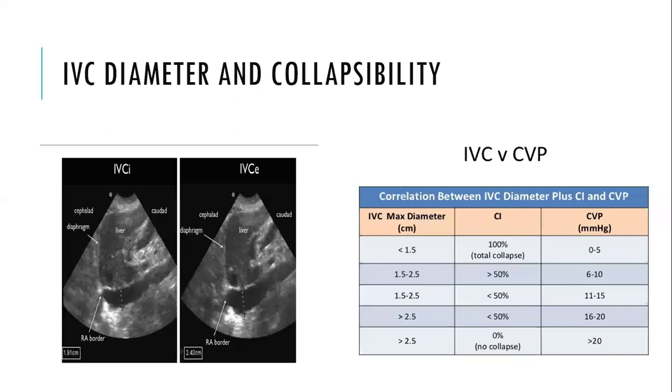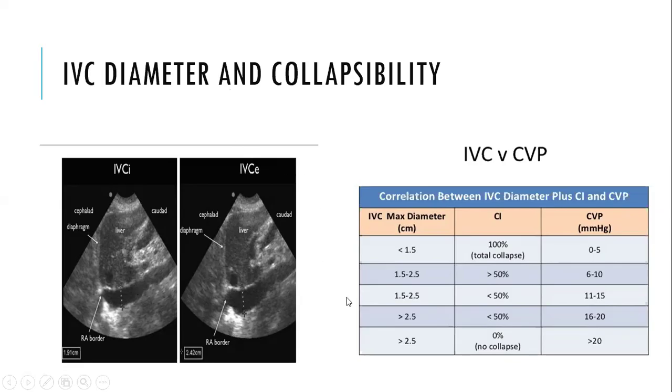Now you measure this, I'm trying to move my arrow, I don't know if you can see it. You measure your IVC distal to the entrance of the hepatic vein. That is the IVC diameter. And you can also measure the collapsibility index, the degree to which the IVC collapses with expiration. And this is very crucial, especially in the ICU.